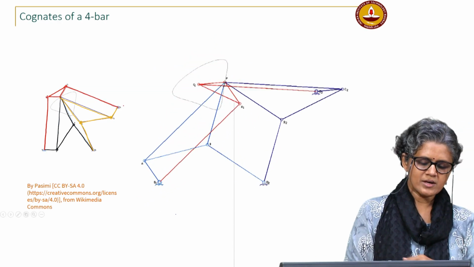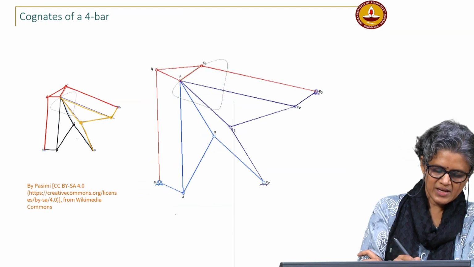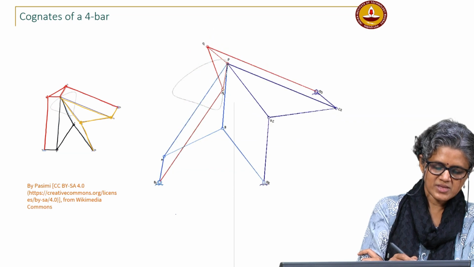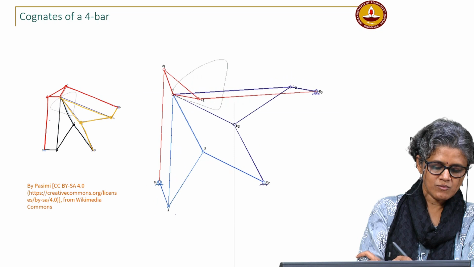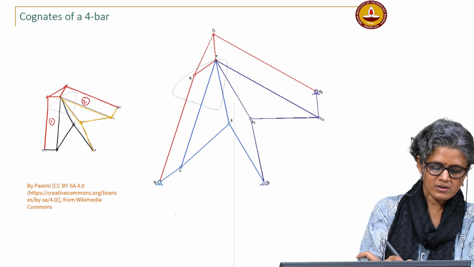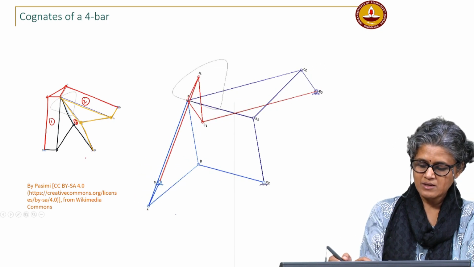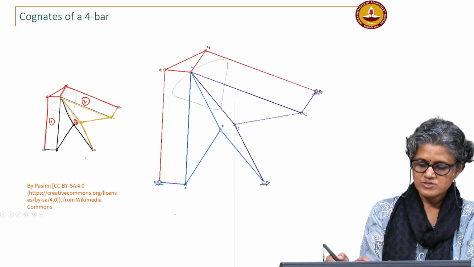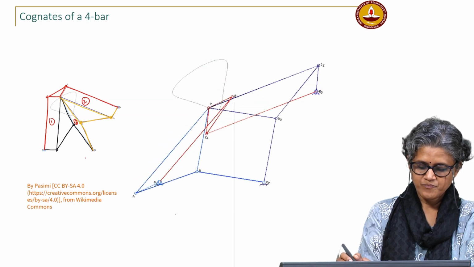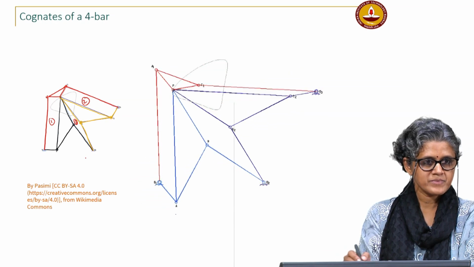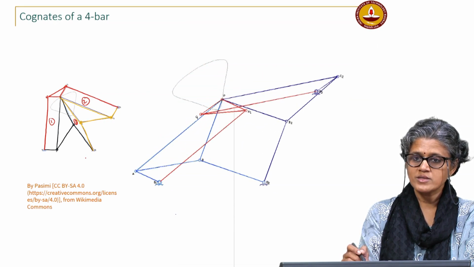If you look here, these 3 4 bars are assembled such that they form these parallelograms. You have 1, 2, 3 parallelograms, and you see what is happening here. It is moving and you can see that the point P traces the same curve in all 3.